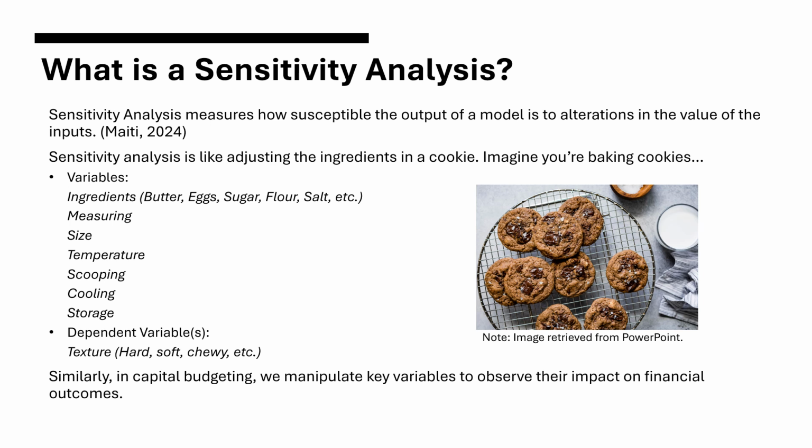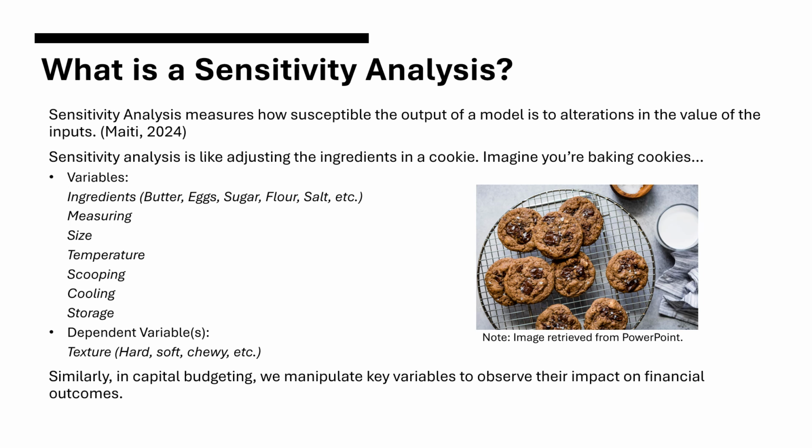We can talk about a sensitivity analysis in terms of adjusting ingredients in a cookie. Imagine you're baking cookies and your desired outcome is a particular texture, maybe hard, maybe soft, maybe chewy. Your inputs or your variables are things like ingredients, which could be butter, eggs, sugar, flour, salt.